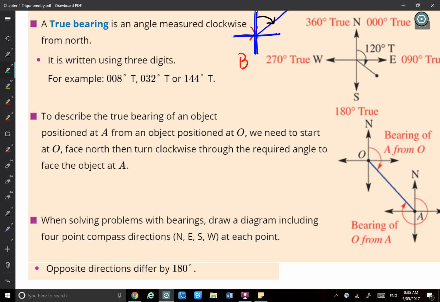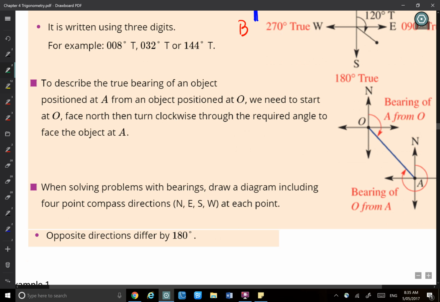So to describe the true bearing of an object's position at A from an object's position at O, from O you draw at the point O, and then from the north you find the angle here.